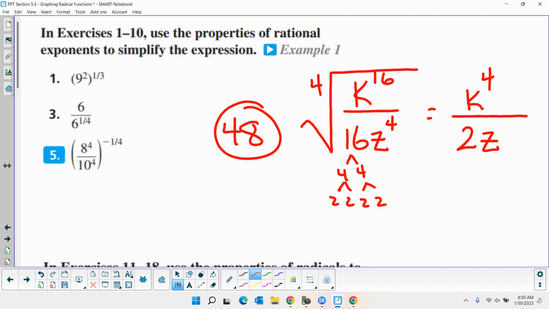Either way is fine. 64 is 6 times the square root of 2z. 66 is 10 m to the 7/3 power. And the last one, 68, is negative 7p cubed times the cube root of 4p.